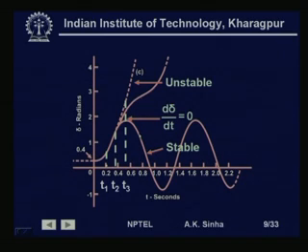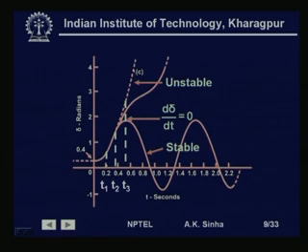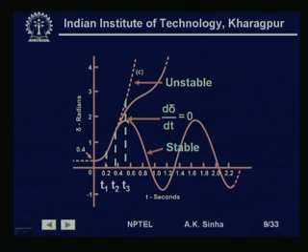This is what we had seen, that we will get sustained oscillation in that situation, whereas for an unstable system we will not get any point where we will get d delta by dt equal to 0. We try to take advantage of this aspect of the delta versus time characteristics, that for a stable system we will get d delta by dt equal to 0 at some time t.